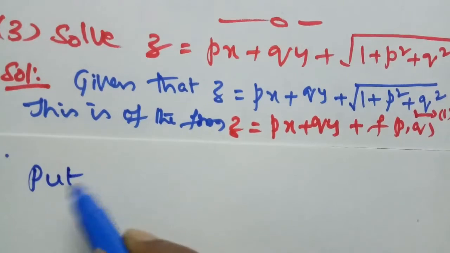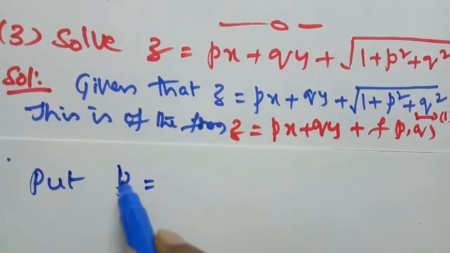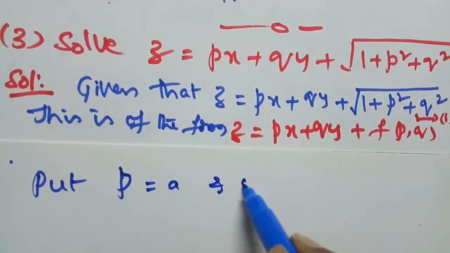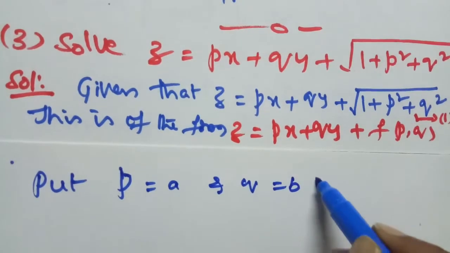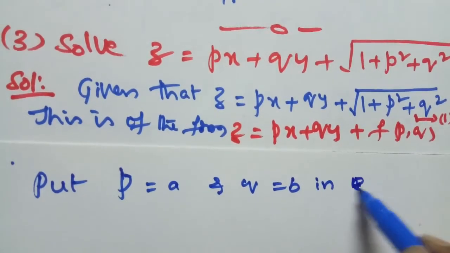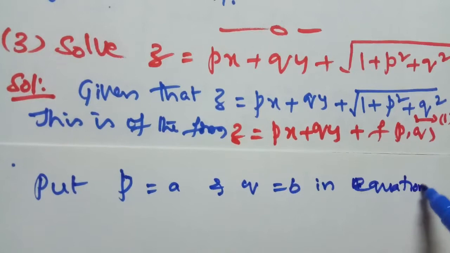Put p is equal to a and q is equal to b in equation 1.